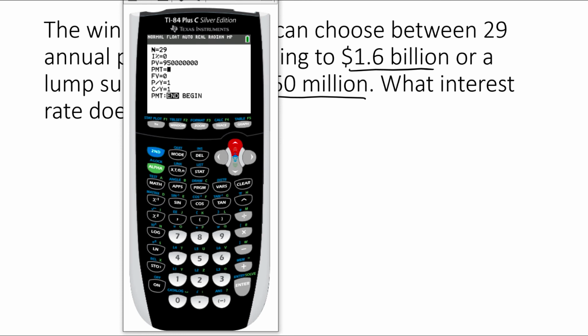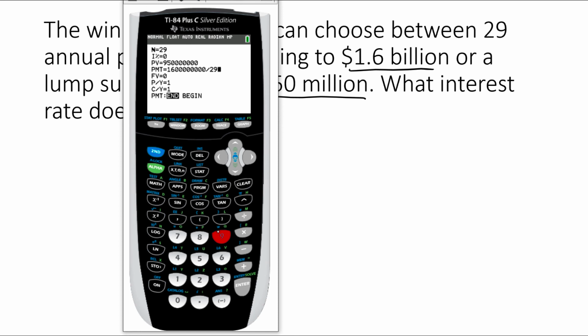So the payment is the next thing we need to figure out. The payment is how much money they would give you every year for 29 years. They're taking $1.6 billion, a whole lot of zeros, and splitting it up over those 29 years, so divided by 29. We can do this calculation right in the TVM solver.